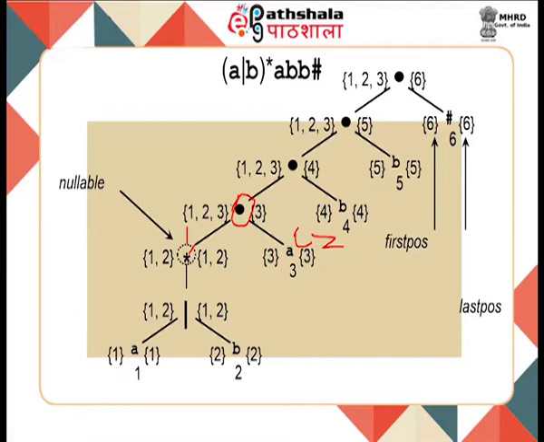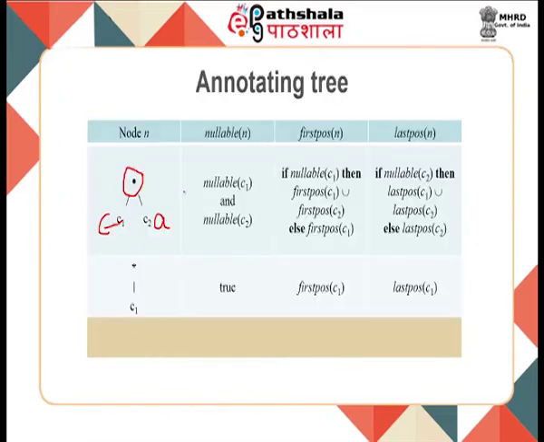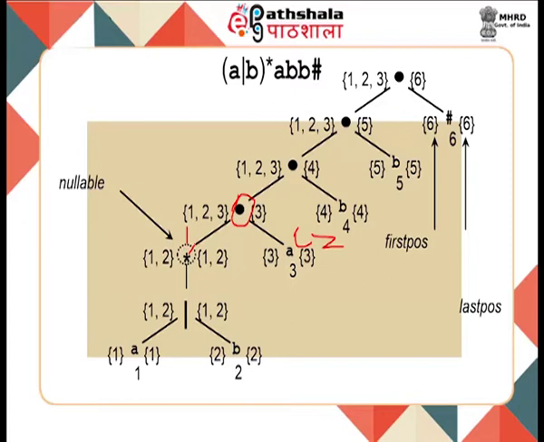Only for computing this node we should look at nullable of C1 or nullable of C2. So let us look at that rule. If C1 is nullable, then it is first position of C1 union first position of C2. So this is nullable, so first position of this one will be the union of the first position of its children.